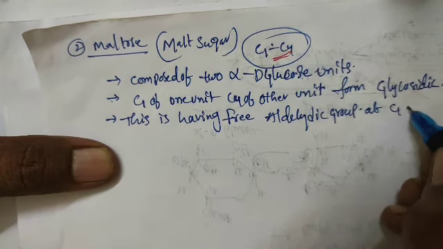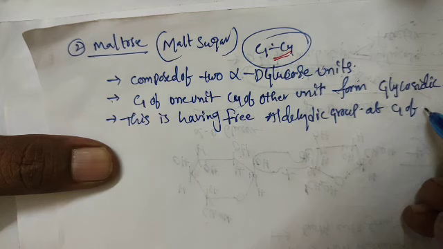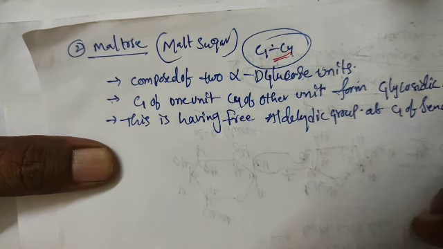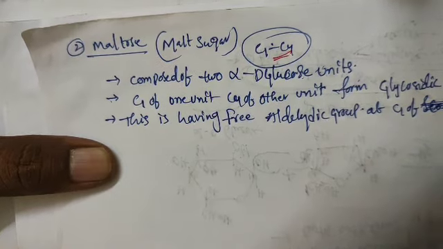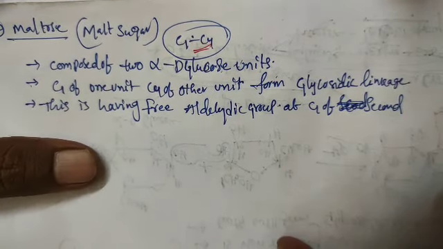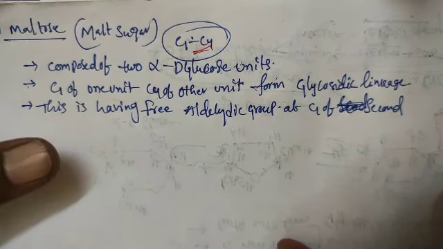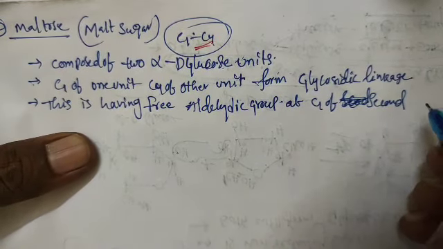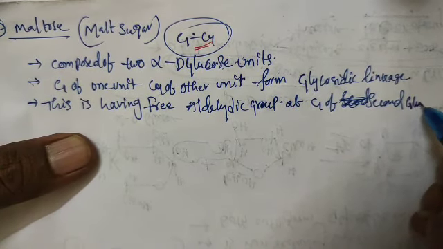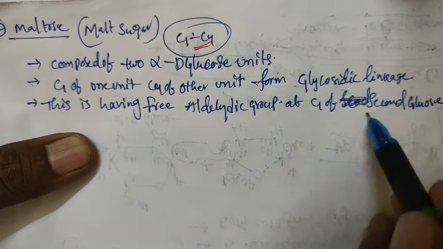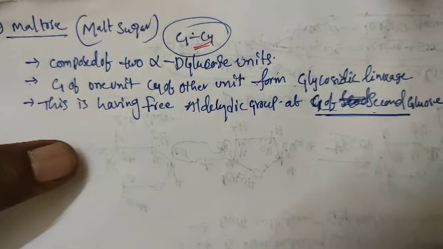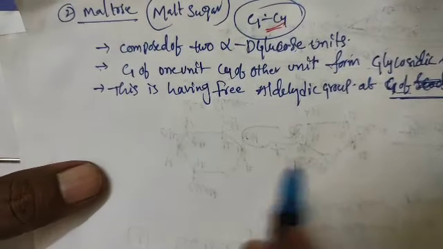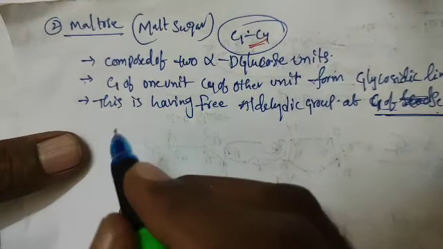At C1 of the second glucose, the second alpha D glucose. The C1 of the second one will form the aldehydic group. How it forms I will show you, then you can understand.